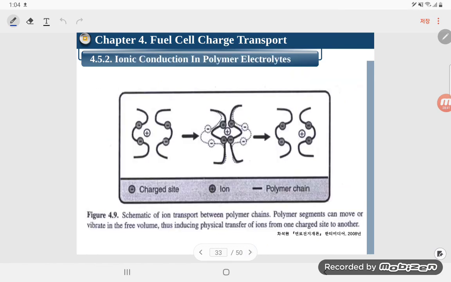Okay, let's see the figure together. This is the schematic of ion transport between polymer chains, and a polymer segment can move or vibrate in the free volume. This is important, free volume, thus inducing physical transfer of ions from one charged site to another.